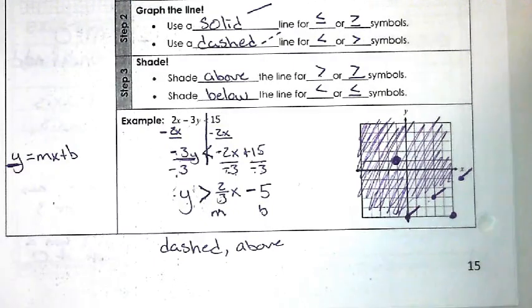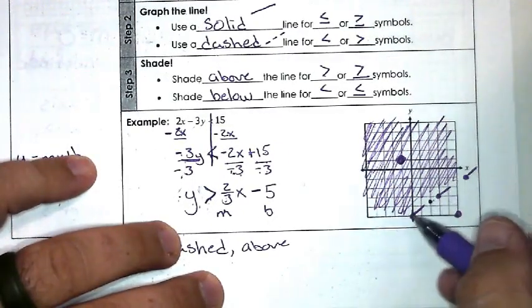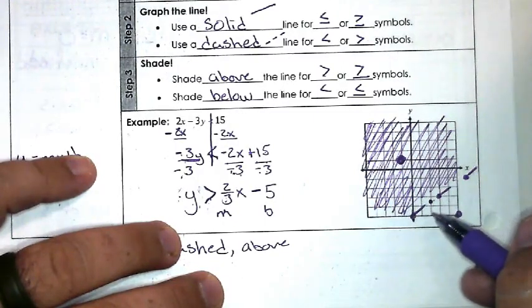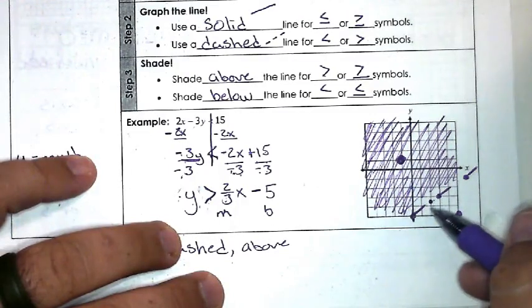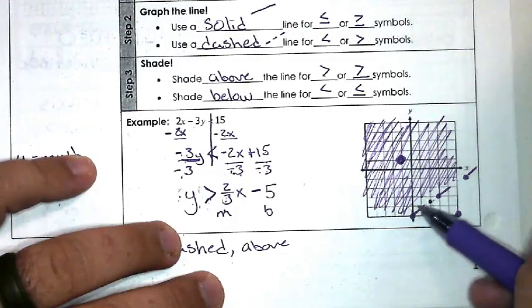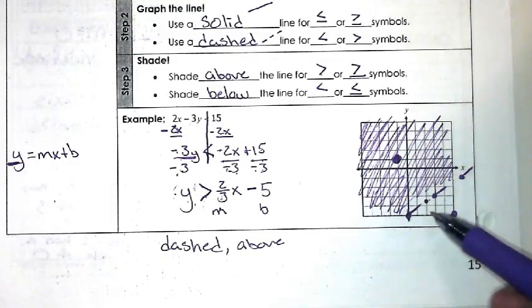Now, what if I gave you this point right here? Is that within the line? Yes. Is this within the line, my slope line? Yes. However, what type of line do I have? I have a dashed line, and a dashed line is full of holes.